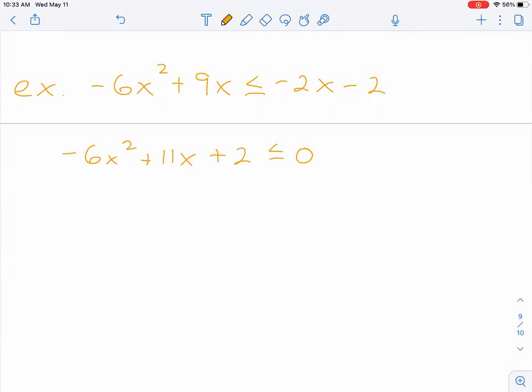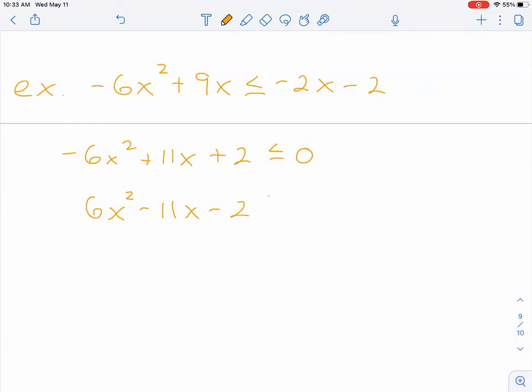All right, now I could do a couple things here. I could try and factor this the way it is. Or I noticed that everything on the left-hand side, I have a negative here, and I hate trying to factor with a negative leading coefficient. So I'm going to multiply everything by -1, making that positive 6x squared minus 11x minus 2.